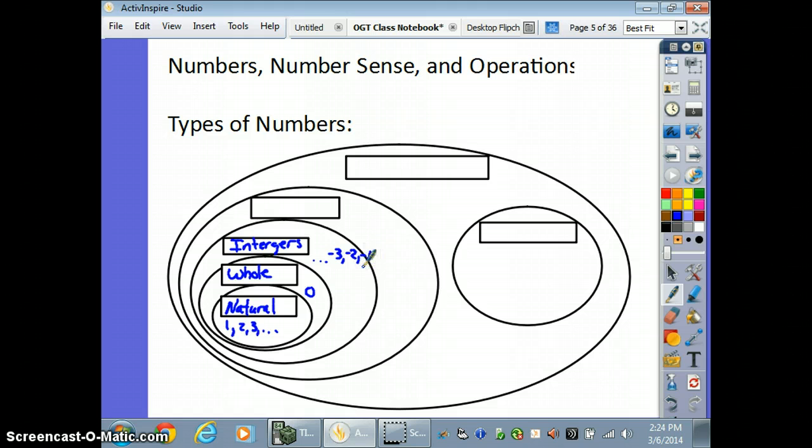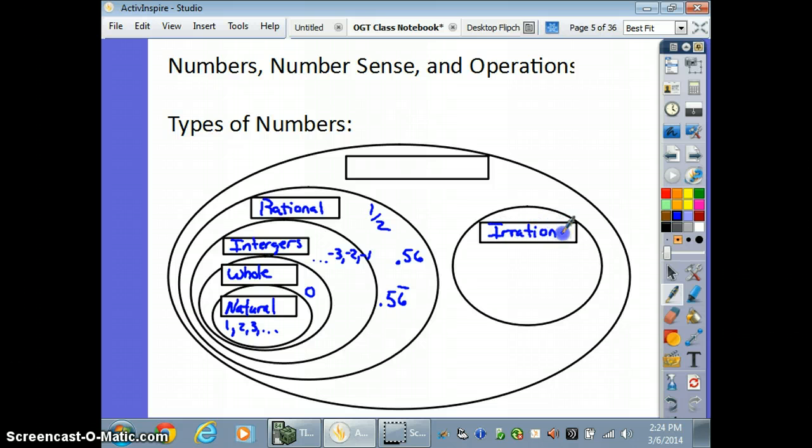Okay, and then the rational numbers, which include fractions and decimals and repeating decimals. All right, and those are rational, and on this side are irrational.